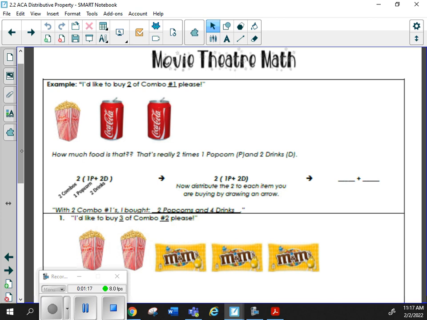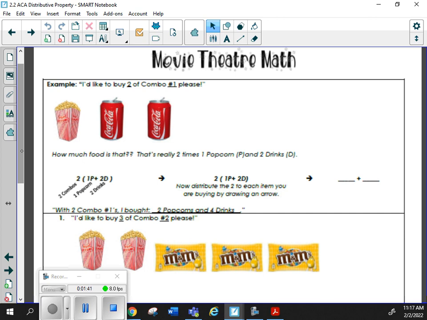And you go up to the concession stands, and you know how they have those combo deals, like a number 2 is 6 drinks and 1 popcorn. Yeah, okay, I know it's not that much. But usually you say, okay, I want 4 number 2s or 6 number 1s or something like that. Y'all know what I'm talking about? Or you go to McDonald's or Chick-fil-A and you order a combo.